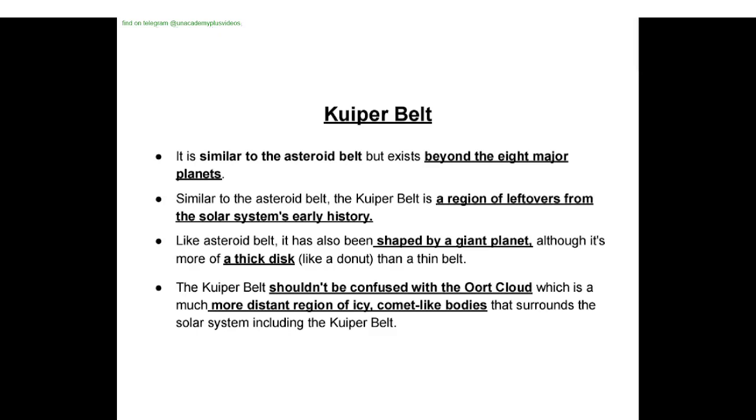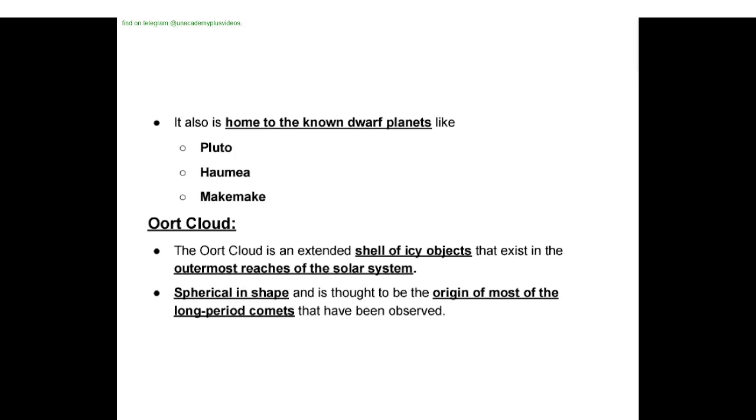The Kuiper belt shouldn't be confused with the Oort cloud, which is a much more distant region of icy comet-like bodies that surrounds the solar system, including the Kuiper belt. It also is home to the known dwarf planets like Pluto, Haumea, and Makemake.